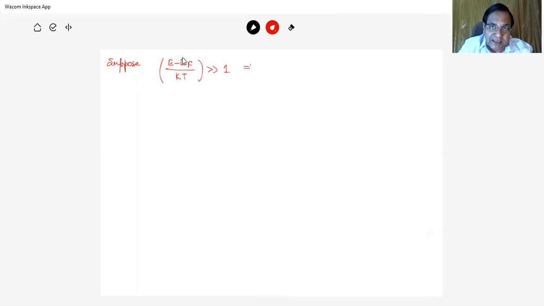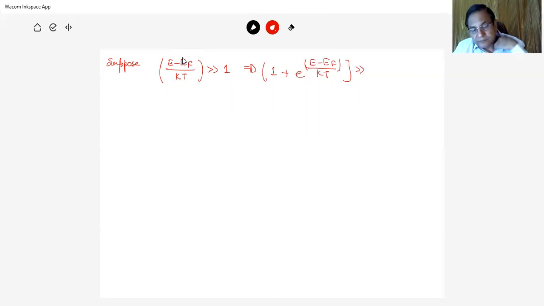So this implies that 1 plus e to the power (E minus EF) upon KT is greater than 1.